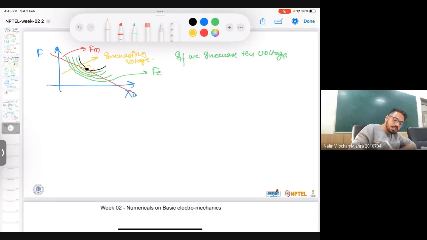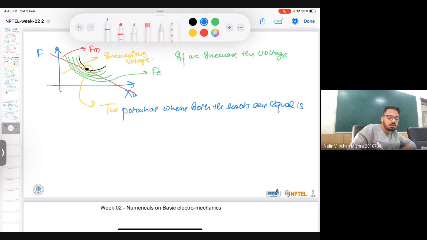And the potential where both the roots are equal is known as the pull-in voltage.